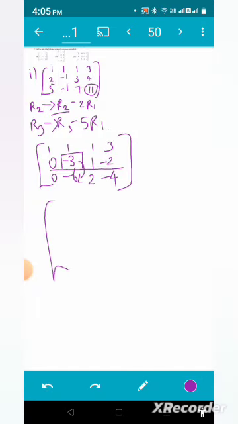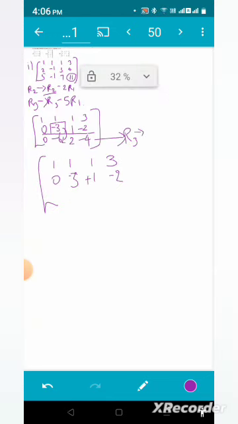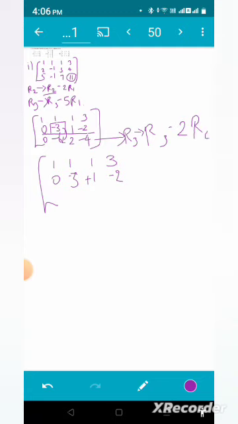For this I can put first row same, second row also same, but third row I can change something. I can get 0 for this number. For this I change R3. R3 gives R3 minus 2R2.